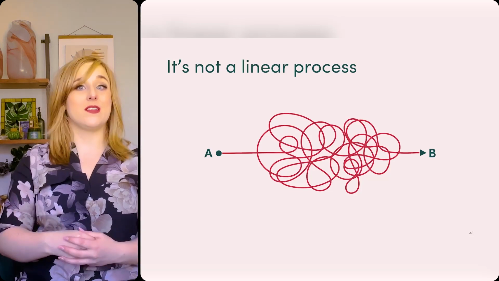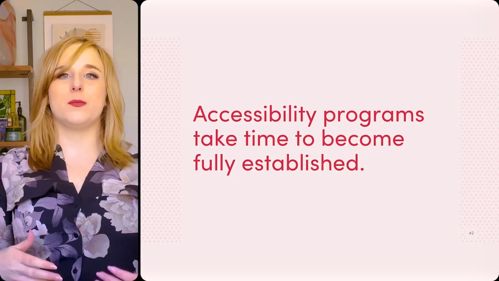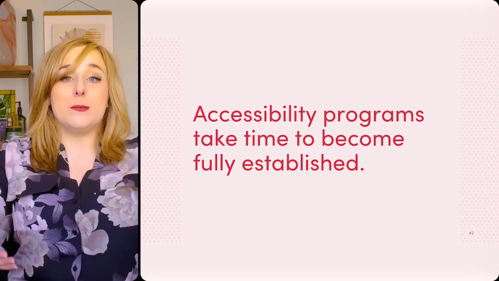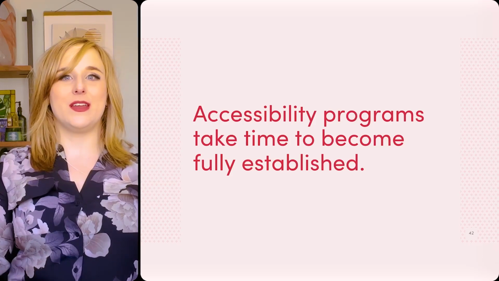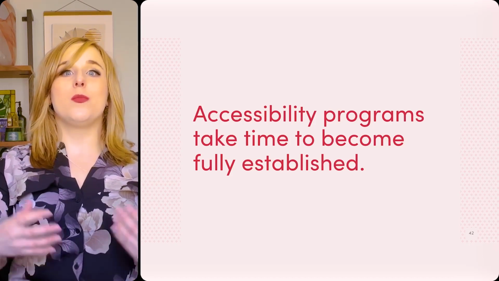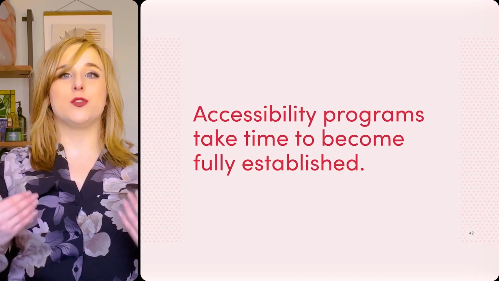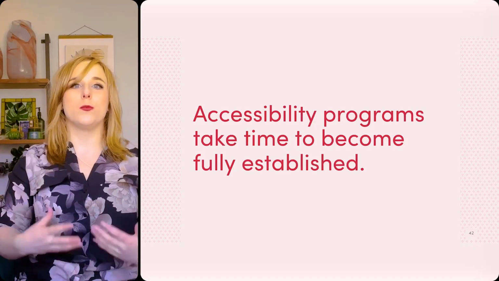But in this case, it's exceptionally rewarding as well. Just like any program, an accessibility program can take time to become established. No program can be automated. It's like a plant. It needs to be watered, nourished, put under a sunbeam, and given time to grow. It will take time to see the flowers bloom from your efforts.